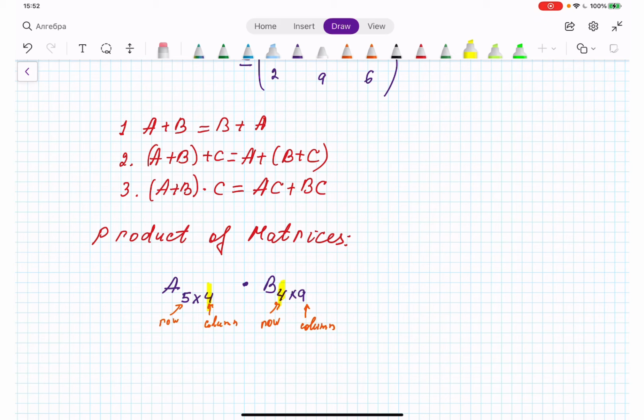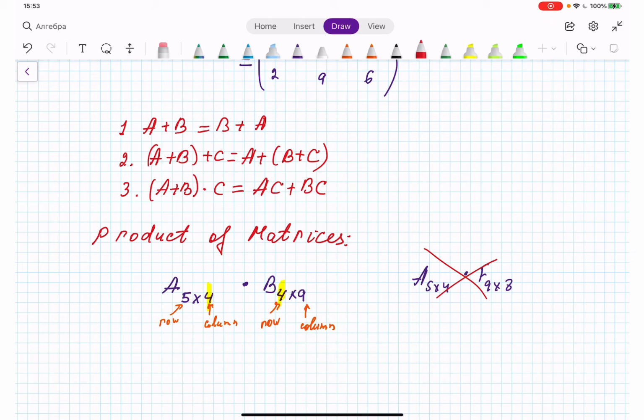So in this case, if, for example, we have matrix A 5 times 4, and matrix F 9 times 8, we cannot multiply. Why?